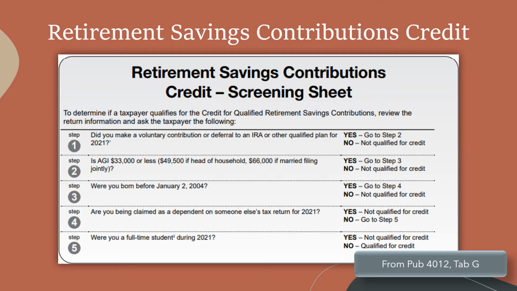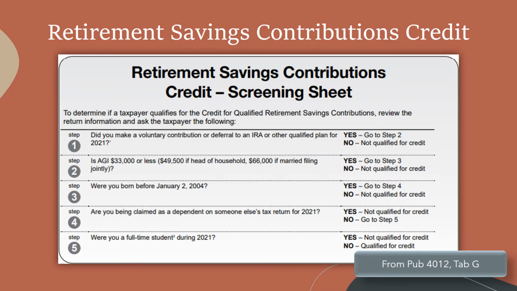And once we've determined that, then we move on to adjusted gross income. Remember, that's our really important line that helps determine whether people qualify for certain credits. And for this credit, the adjusted gross income cutoff is pretty low. For single persons, it's $33,000 or less.